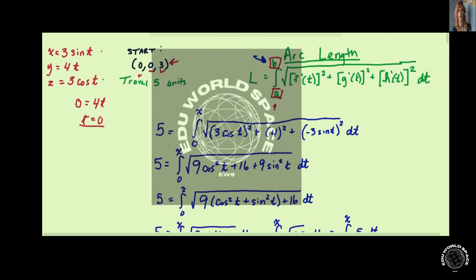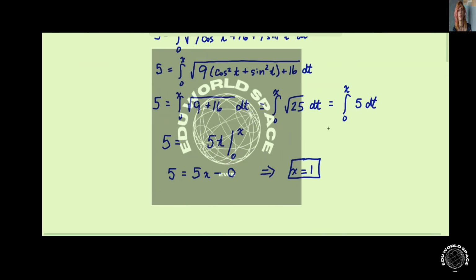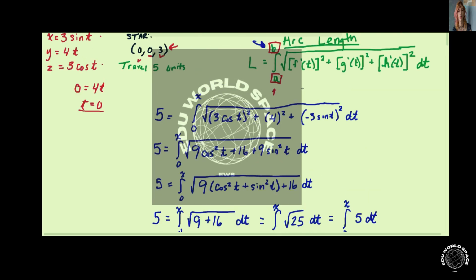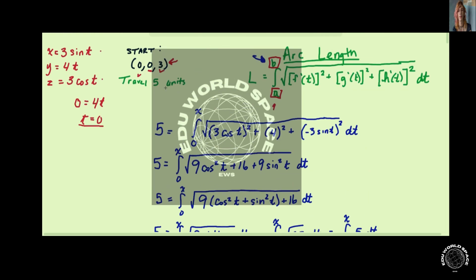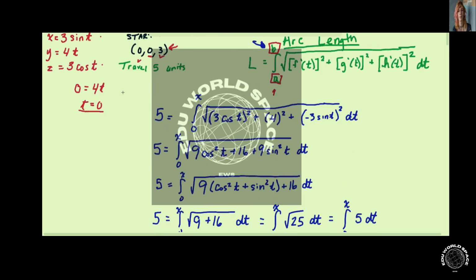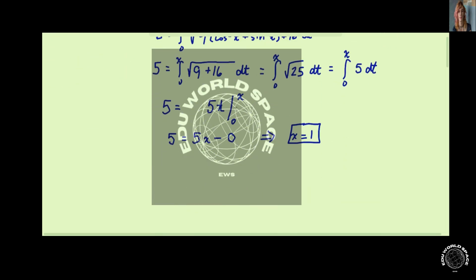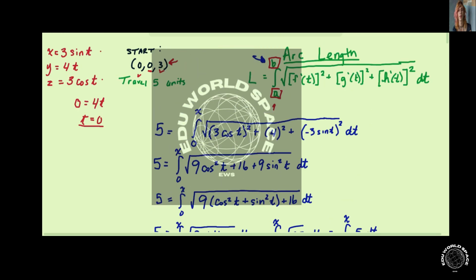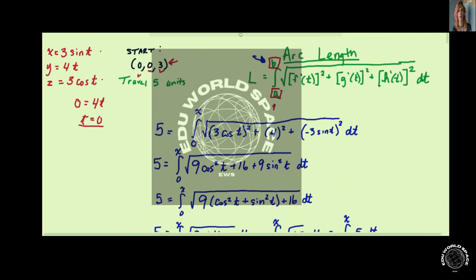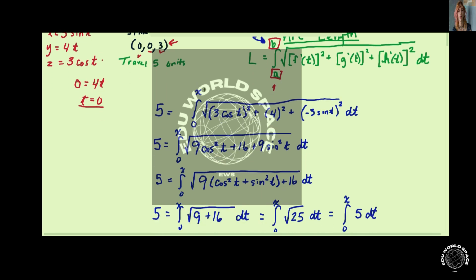Okay, and that would be great if the question just asked me what value of t do I stop at, but I want to know specifically at what point along this vector I'm going to stop. Oh, perhaps I picked a bad variable. I don't want to confuse you. So just pretend that I never chose x for this.